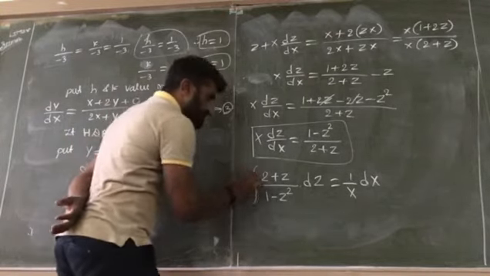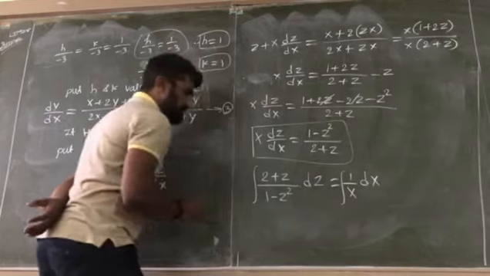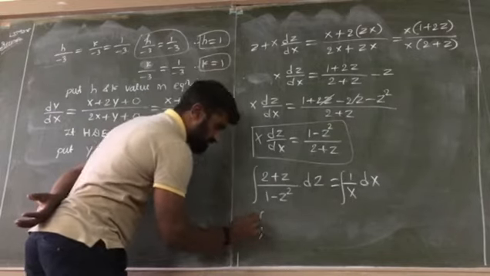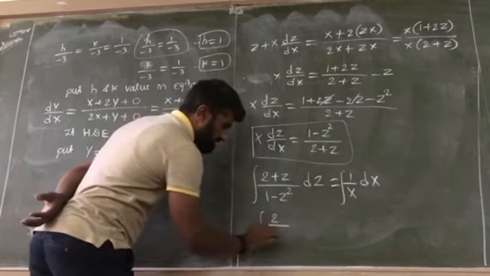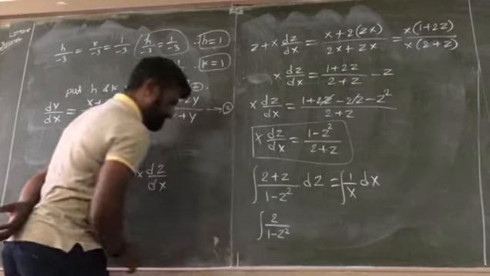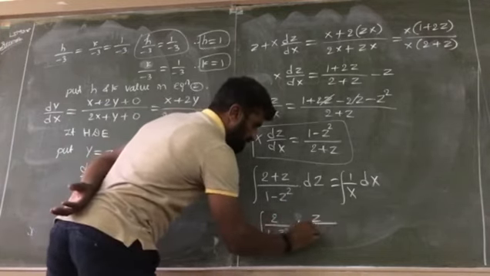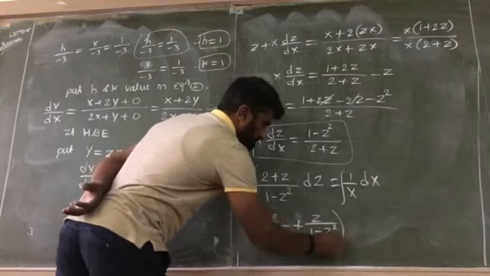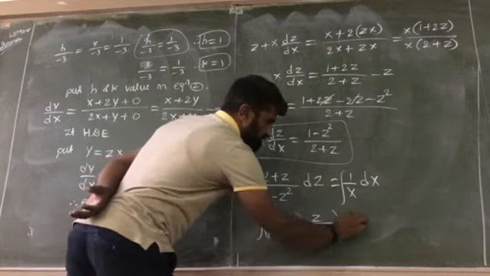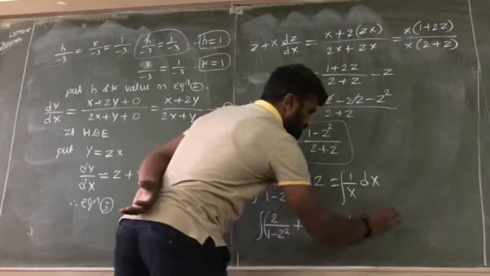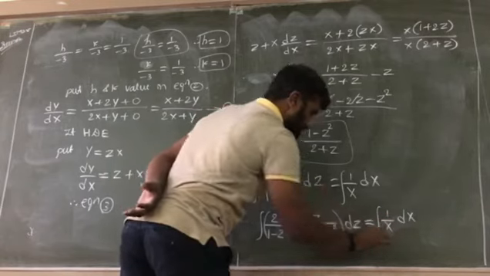Integrating on both sides. I want to write it like this: integration of 2 divided by 1 minus z square into dz plus z divided by 1 minus z square into dz equals integration of 1 by x into dx.